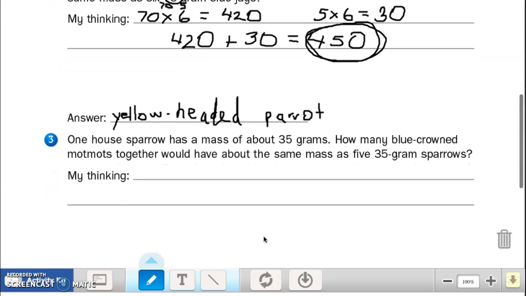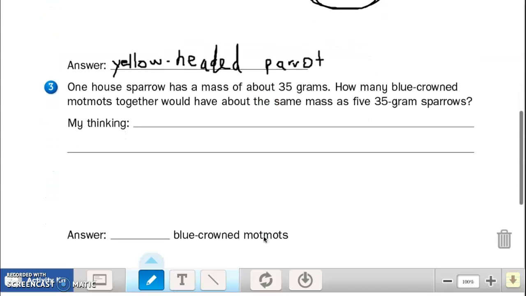Okay, let's go on to one more. One house sparrow has a mass of 35 grams. How many blue-crowned motmots together would have the same mass as 5 35-gram sparrows? Wow.